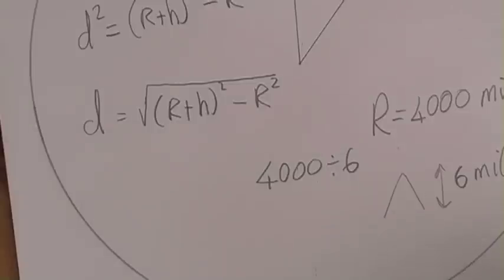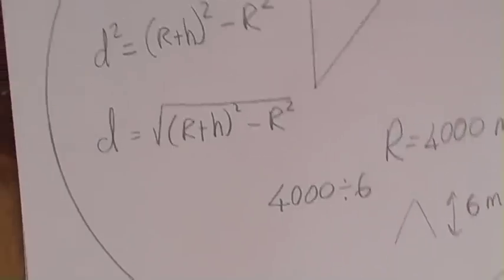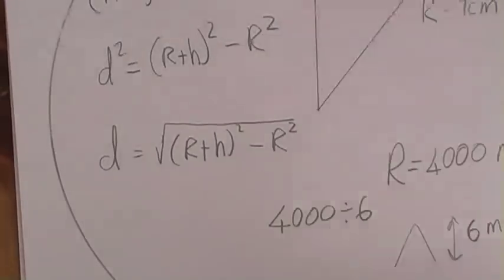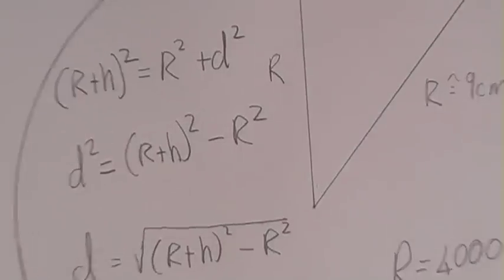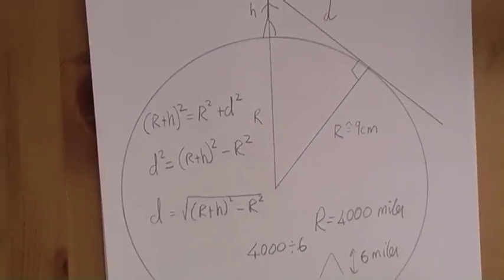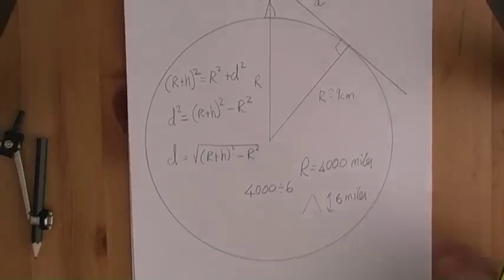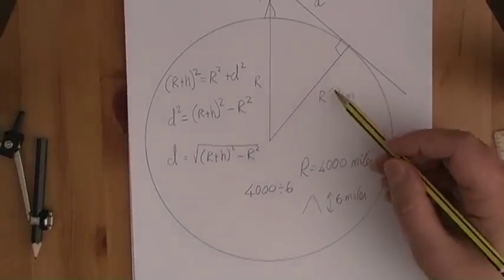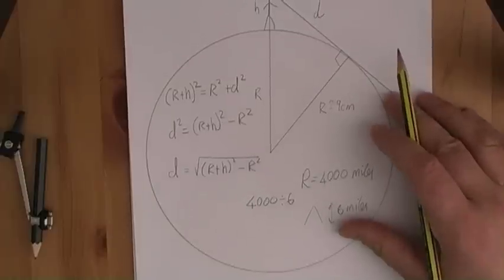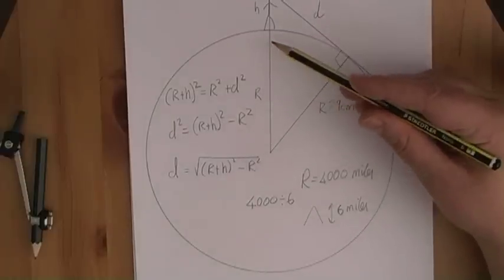That's about a 100th of a centimetre. I couldn't even represent Everest on this diagram. It's so small compared to the size of the Earth. If this was a representation of the Earth, a sphere with a radius of 4,000 miles, I couldn't actually physically draw Everest on here.